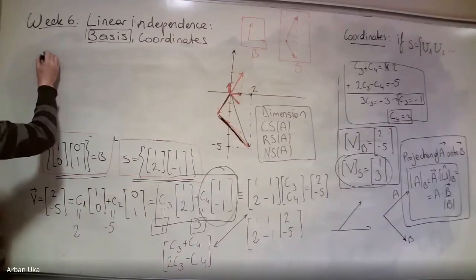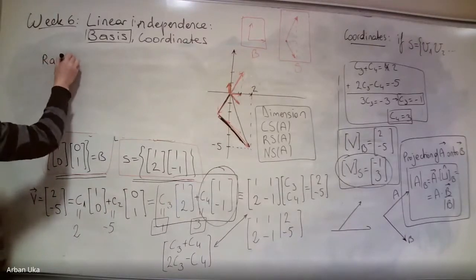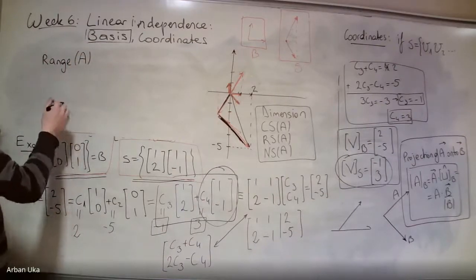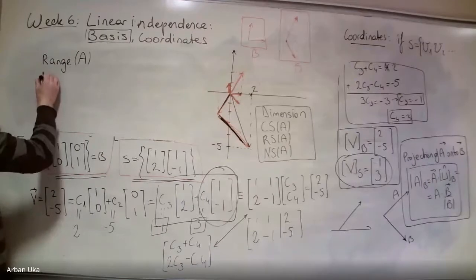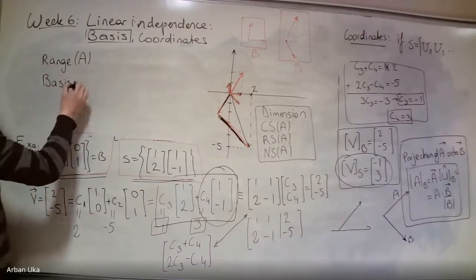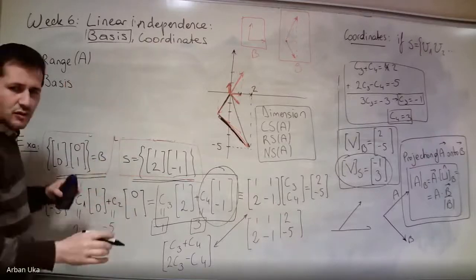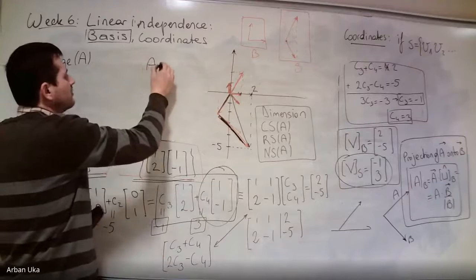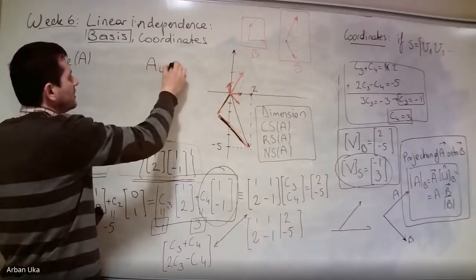So you are saying that the range of a matrix A, and we are discussing also the possibility of the basis of what? So let's do this step by step, and maybe you answer this question better than me. Let's assume that we have a matrix which is 4 by 5, okay?